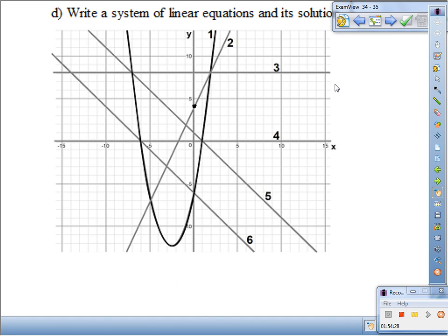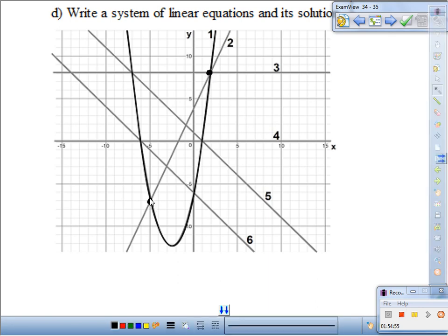Tell your neighbor the solutions for lines 1 and 2. All right, who said 2, 8 and negative 5, comma, negative 7?